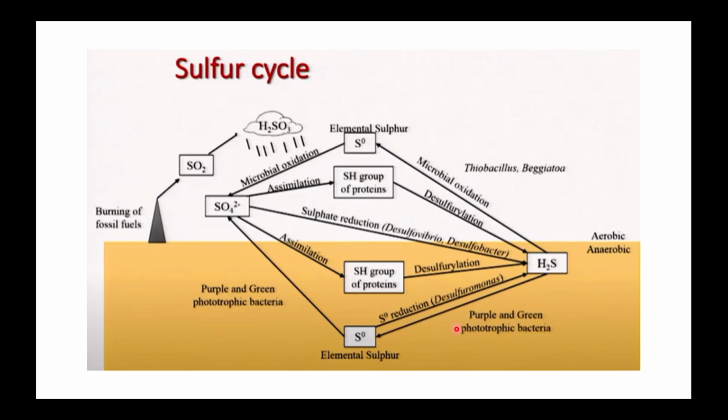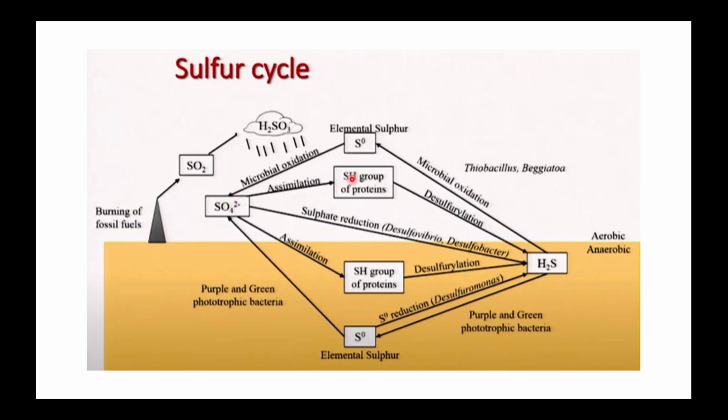So this is the whole sulfur cycle. We have been talking about the nitrogen cycle till now, so this is similar to that in some ways. Like elemental nitrogen, elemental sulfur is again oxidized into SO4 2 minus, that is sulfates. These sulfates are then either assimilated into the SH group of proteins.